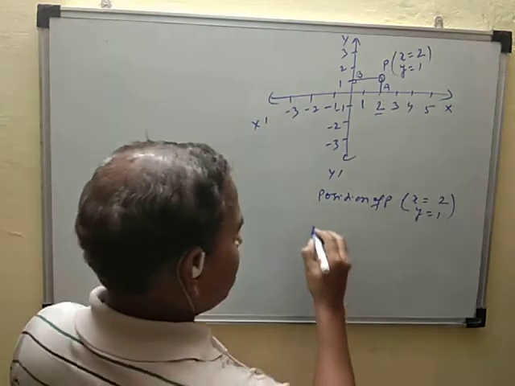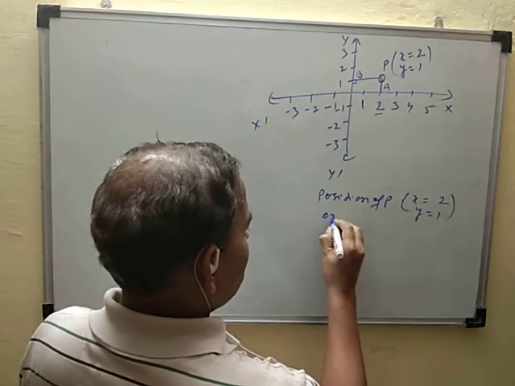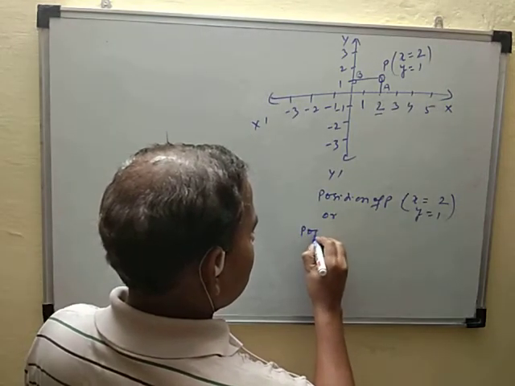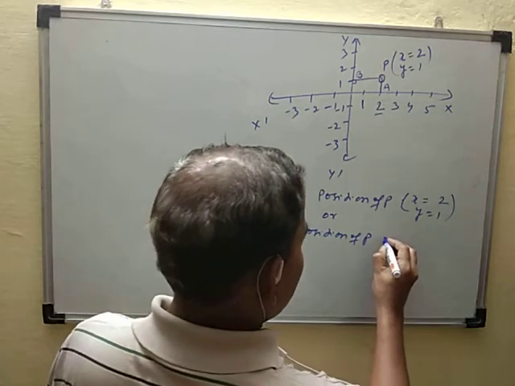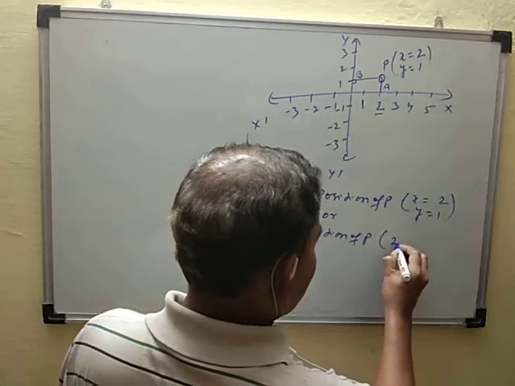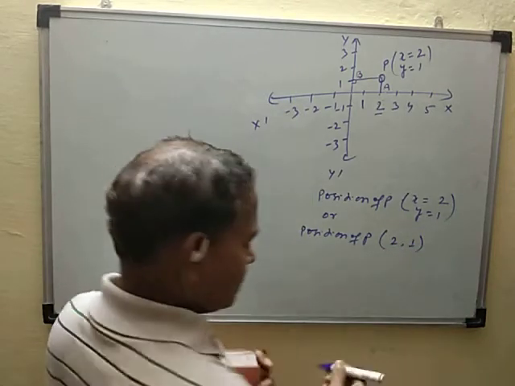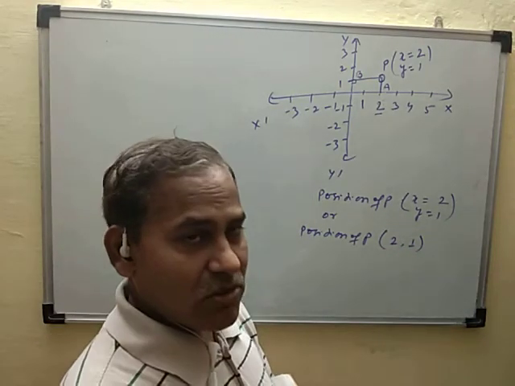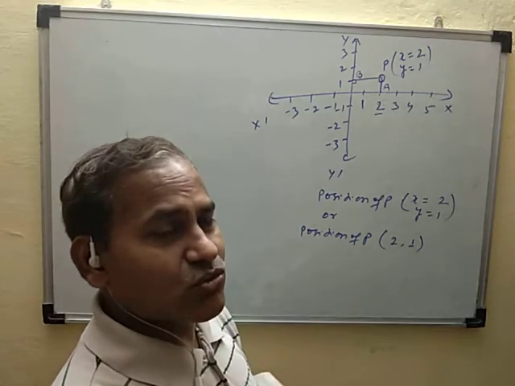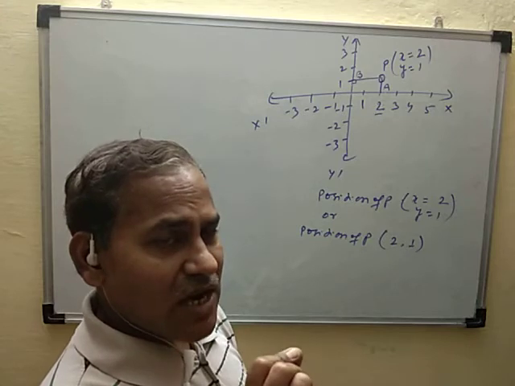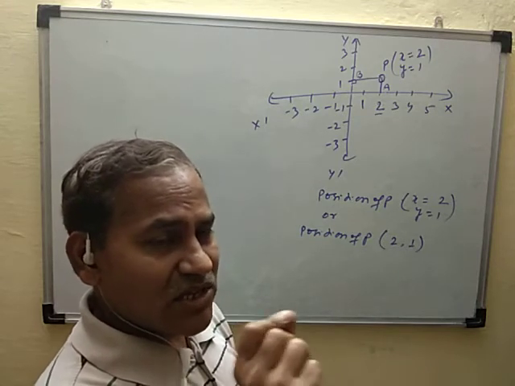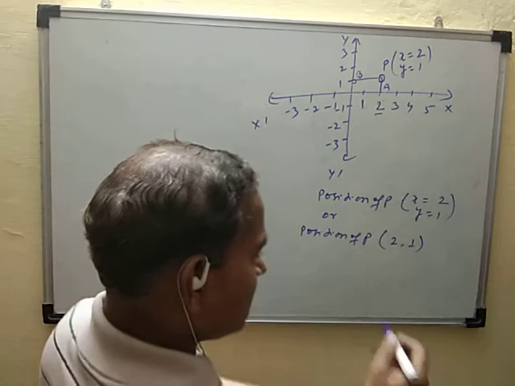This can also be written as position of P is (2, 1). It is not necessary to write x is equal to 2 and y is equal to 1. Directly, first write the value of x, then second write the value of y.